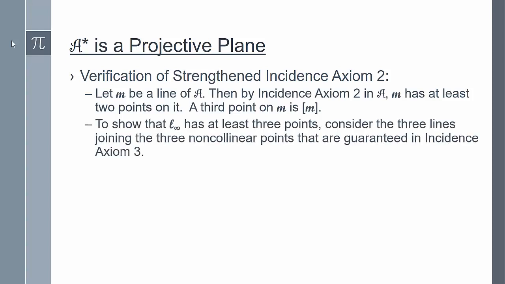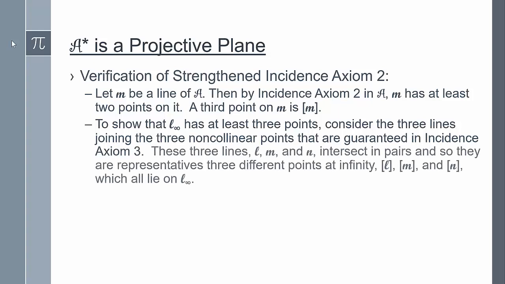If we had L infinity as our line, we need to show that L infinity has at least 3 points on it. So consider the 3 lines that join the 3 non-collinear points that are guaranteed by incidence axiom 3. These 3 lines, let's call them L, M, and N, intersect in pairs.